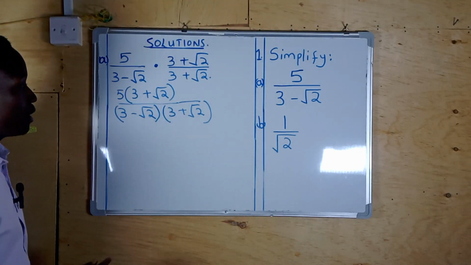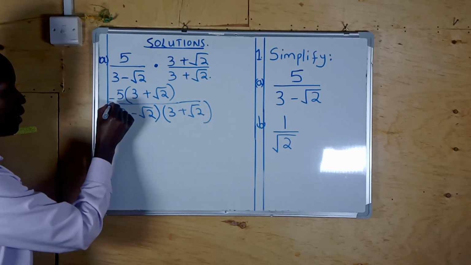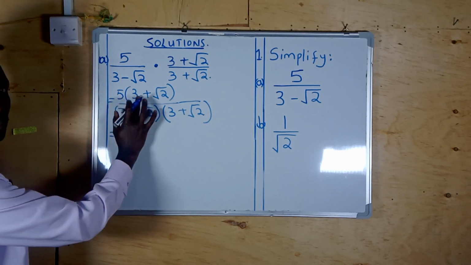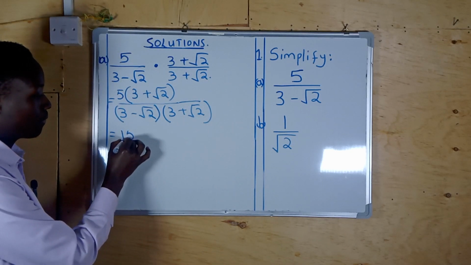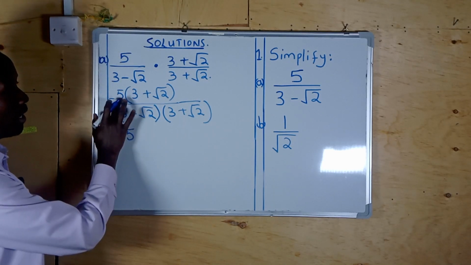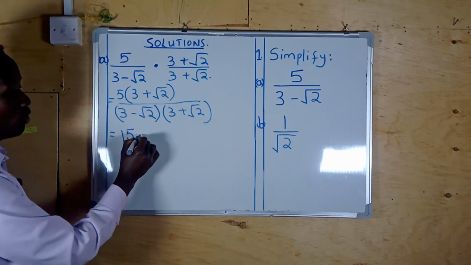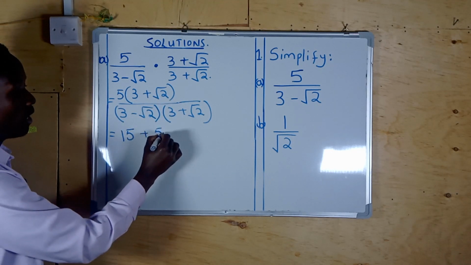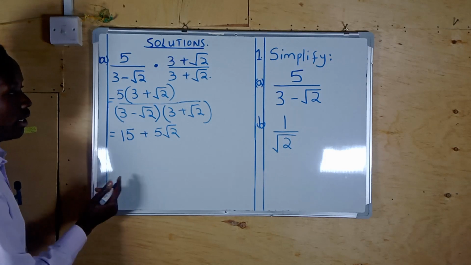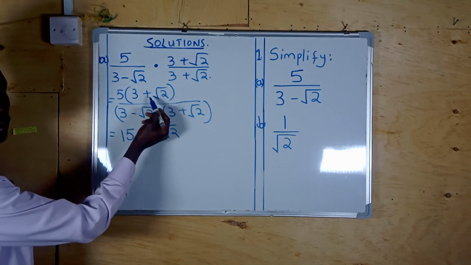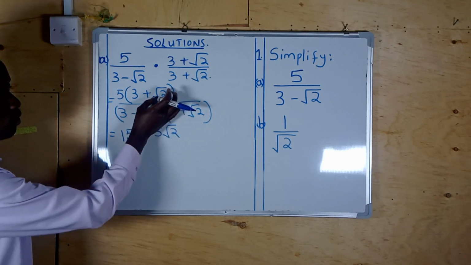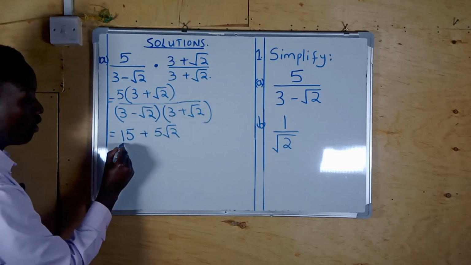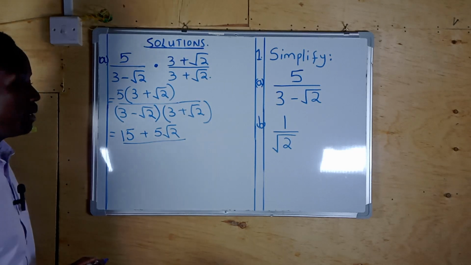So once we multiply, 5 multiplied by 3 will give us 15. Then 5 multiplied by root 2 will be equal to 5 root 2. Why? Because the coefficient of the root of 2 is 1. So 5 multiplied by 1 is 5. Then root 2 will remain there over the denominator.